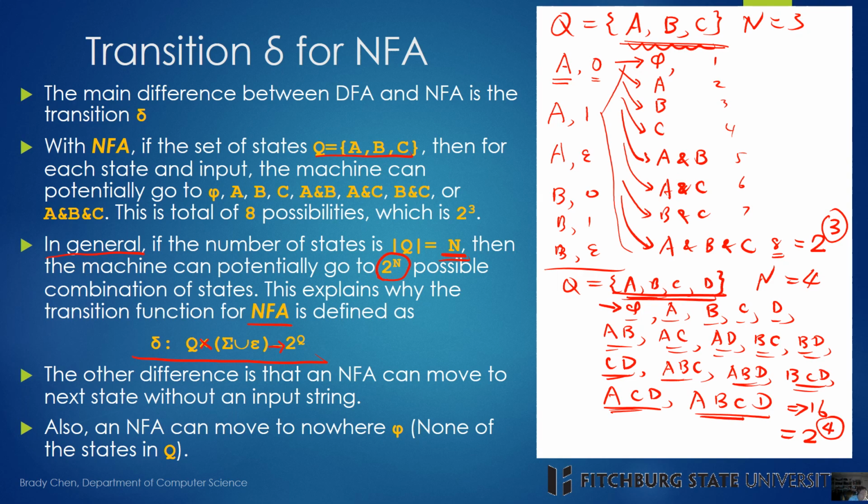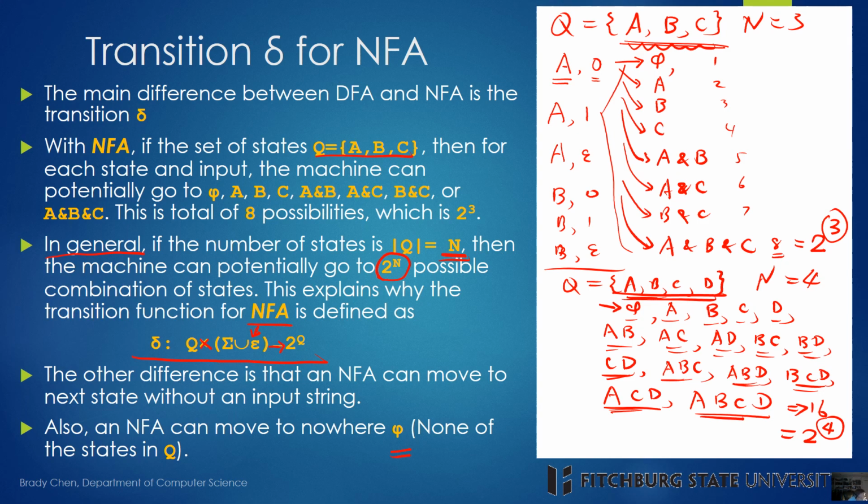Now the other difference is that the NFA can move to the next state without an input stream. So that means it can move with the input epsilon. So there's no input. Also, NFA can move to nowhere, none of the states in Q. So we don't know where it goes.